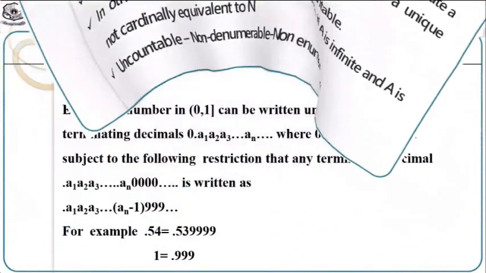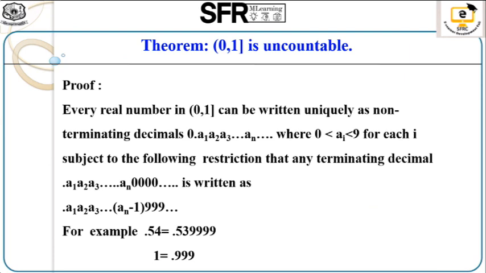Now we see the theorem for uncountable sets. We say that the interval (0, 1] is uncountable.